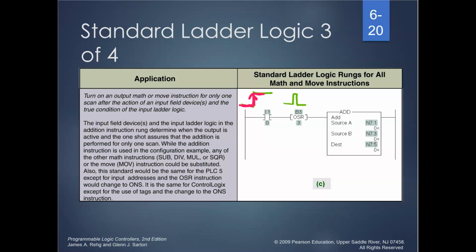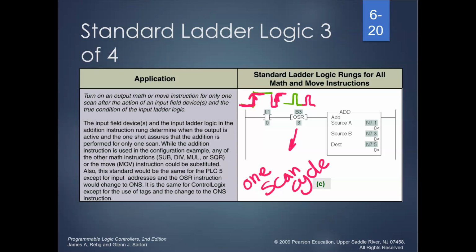As soon as it sees this rising edge, it will provide a pulse, and it means this addition will happen only once, because the length of this signal provided by OSR is only one scan cycle. So this will happen once, and then it will not be executed anymore until another pulse is produced. Until this goes back to 0 and comes back to 1 again, another transition happens and it will produce another pulse, so this will be executed another time.